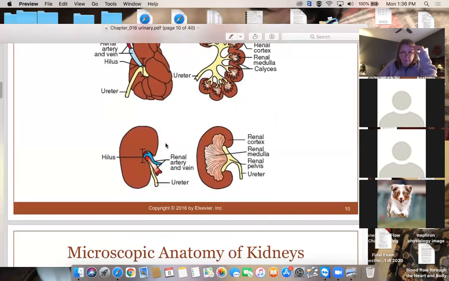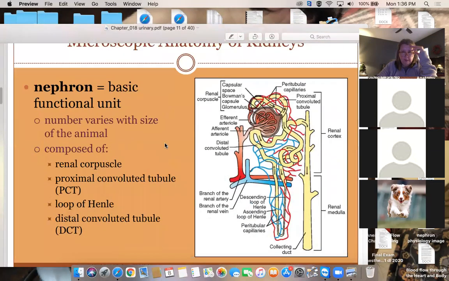So the nephron, what you need to know is, first of all, the blood flow comes in, and this whole thing is called the renal corpuscle. The renal corpuscle is the glomerulus, which is the filter, and then you have what's called the capsular space, which is the space around the glomerulus, and then you have the Bowman's capsule.